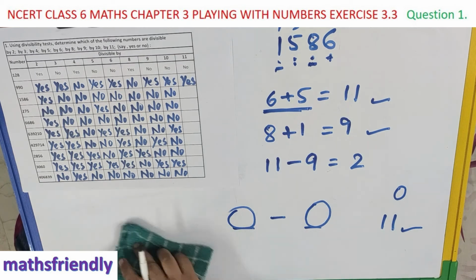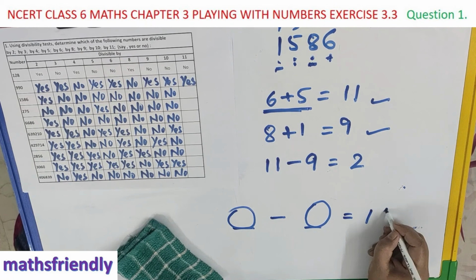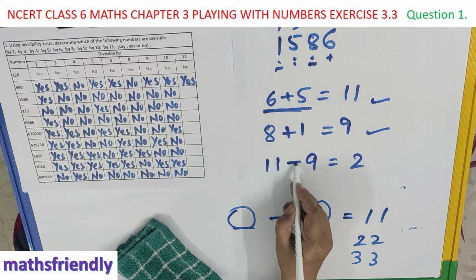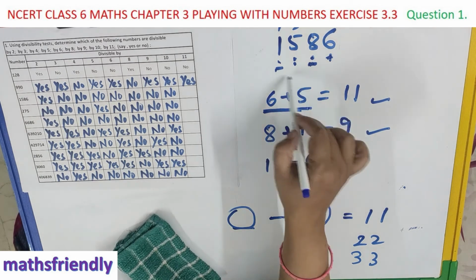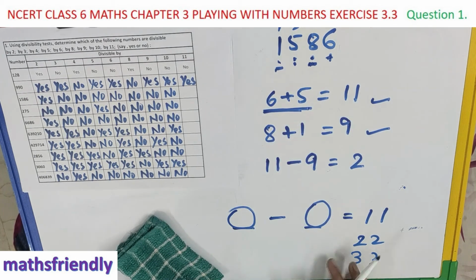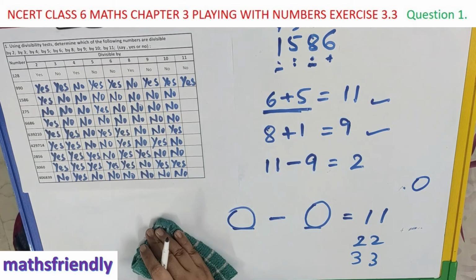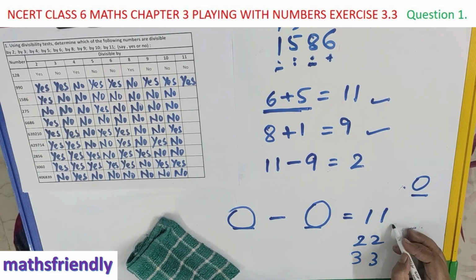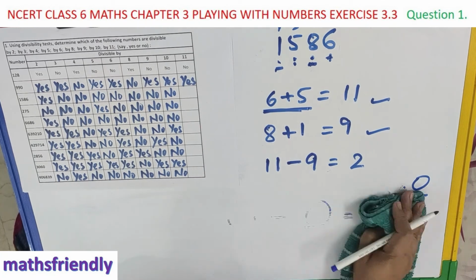If the difference is a multiple of 11, like 11 or 22 or 33, then that number is divisible by 11, or the difference should be 0, then the given number is divisible by 11. If it is something other than 0 or a multiple of 11, then the number is not divisible by 11.